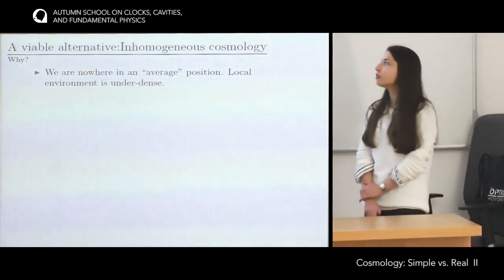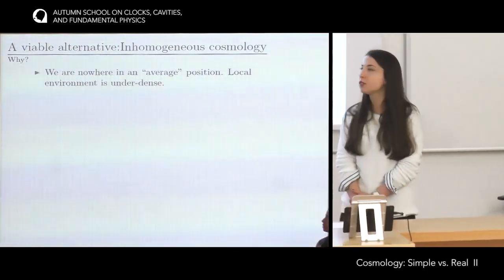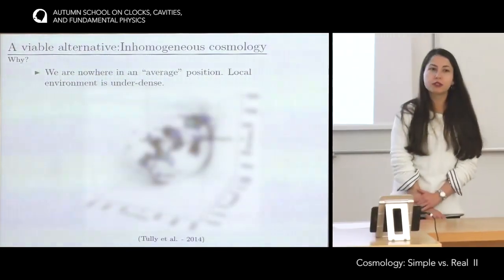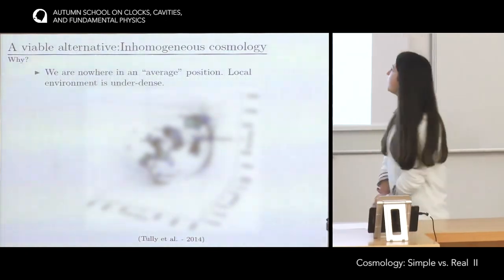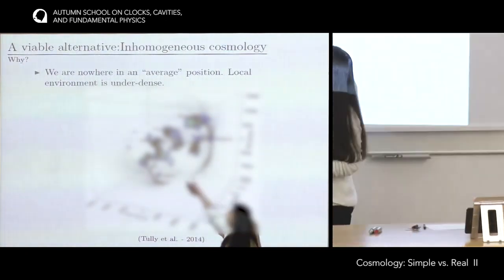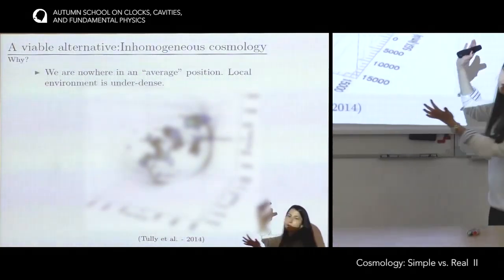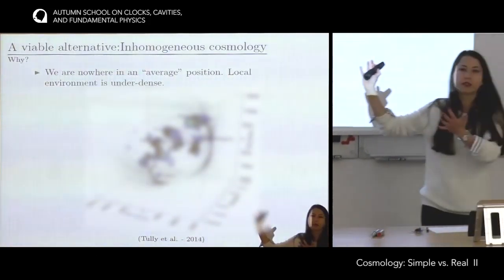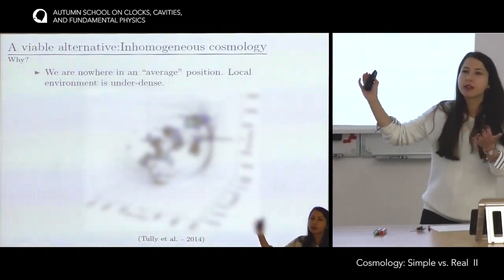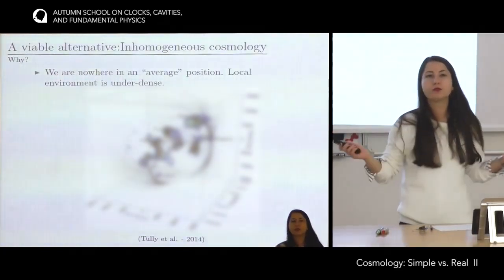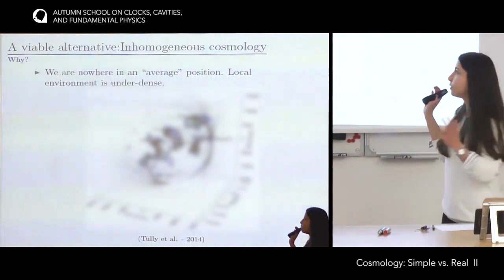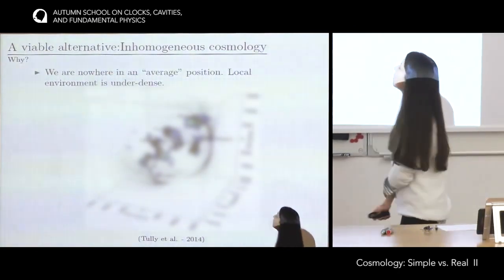But actually, we are living in a very underdense region. So this is our local neighborhood. We're living in this Virgo cluster. And this is the KBC void that I was talking about. It's an underdense region, and when you compare it to the average distribution in the universe, it's really, really underdense.